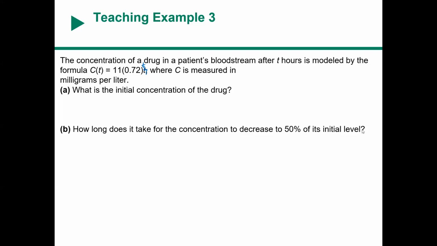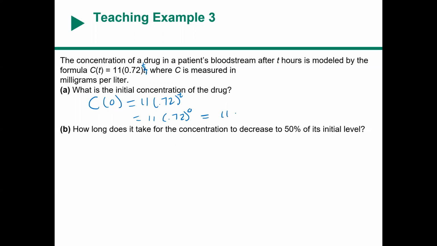All right, so what is the initial concentration of the drug? If you're looking for your initial, that's your C0, right? That's when t equals 0. So I have 11 times 0.72 to the t. When I plug in 0, that gives me 11 times 0.72 to the 0 power, and anything to the 0 power is 1.